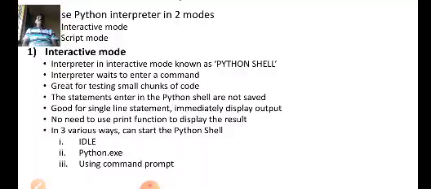The interpreter waits for you to enter a command. It is great for testing small chunks of code. The statements entered in the Python shell are not saved. It is good for single line statements, and immediately displays output. No need to use the print function to display the result.